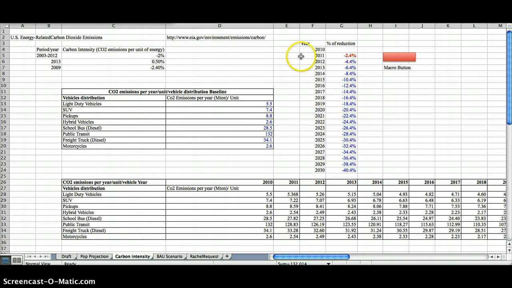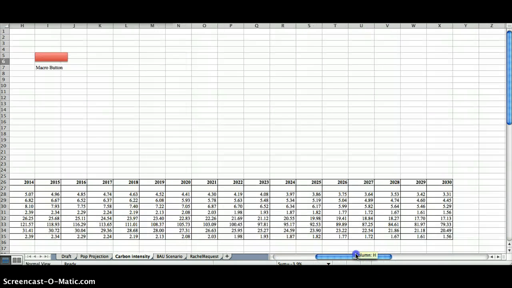And when I assume this percentage of reduction, I put it here. It can vary here, like, I say minus 1.9, and it calculates automatically the percentage of reduction that is going to be applied to CO2 emission per year per vehicle. So these values are going to apply to this one, and these values are represented here in this table, and it goes to 2030.